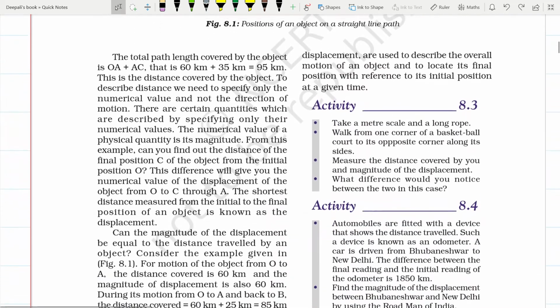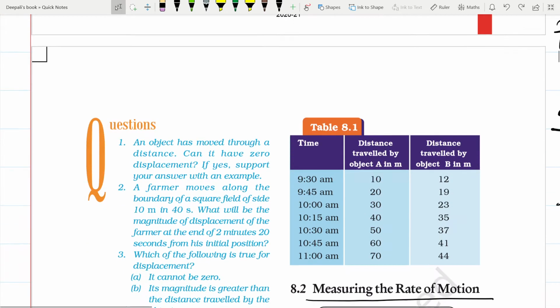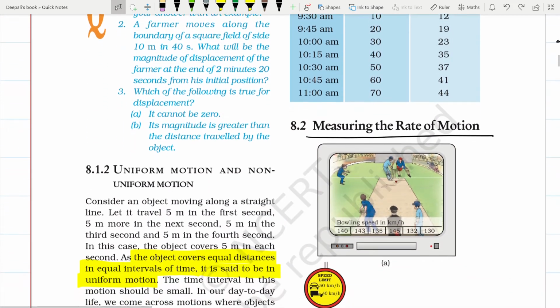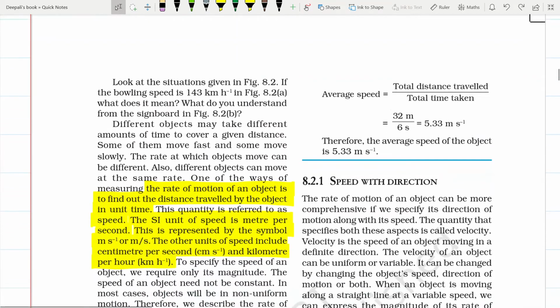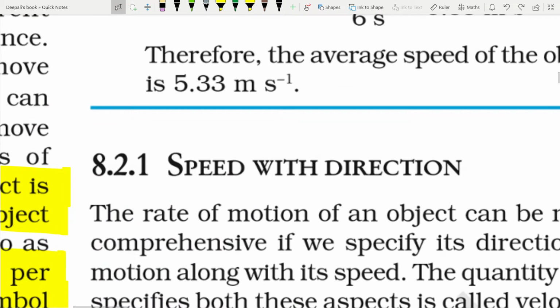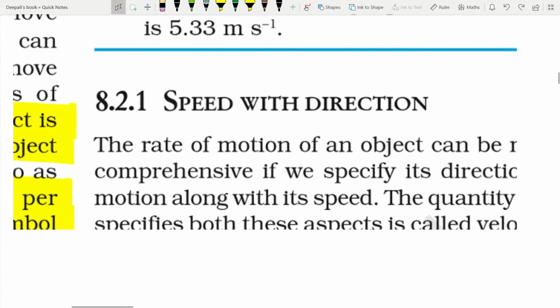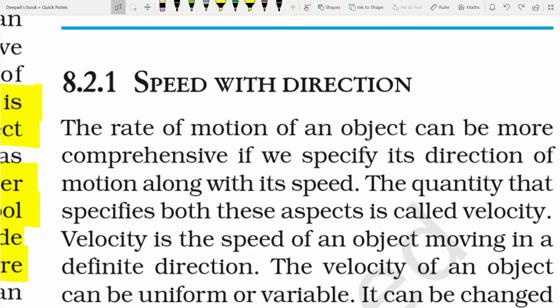Let us move further to the next part of the chapter. Now we studied what is speed, average speed, uniform speed, non-uniform speed. Now what if this speed is given direction? So the topic for this session is speed with direction. What does this mean?